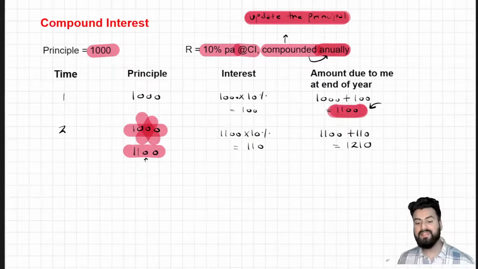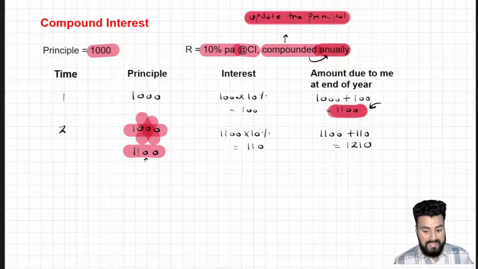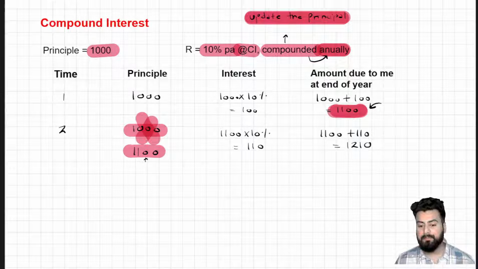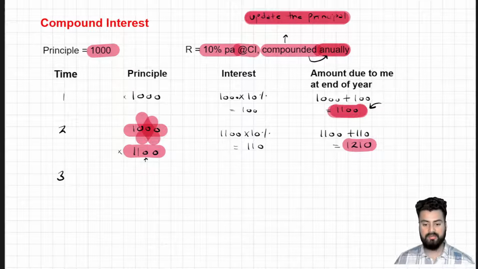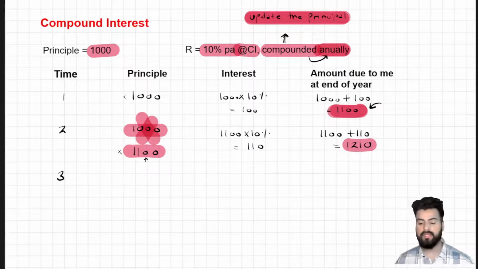Again, since 1 year has ended, for the next period I have to update the principal. Now, in the third year, if I ask you what is the value of principal, is it going to be 1000? No. Is it going to be 1100? No. Since we are dealing with compound interest, compound means update the principal at the end of 1 year.